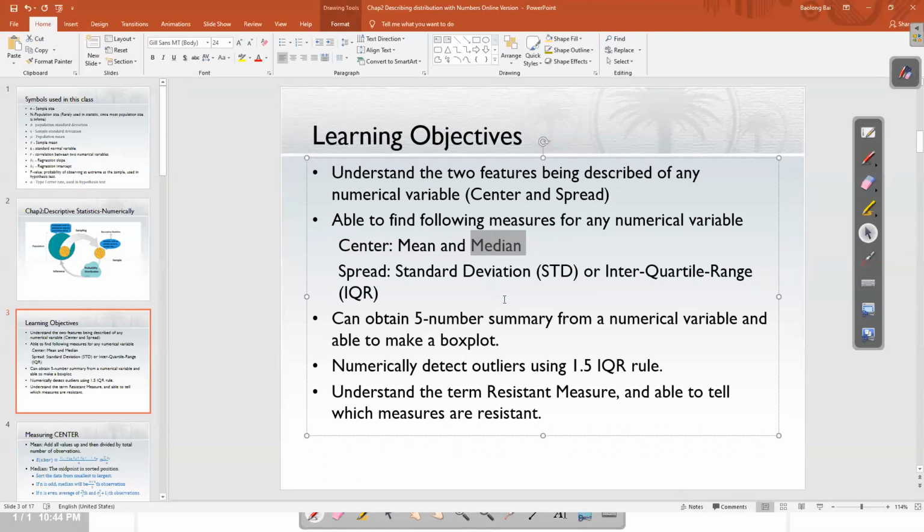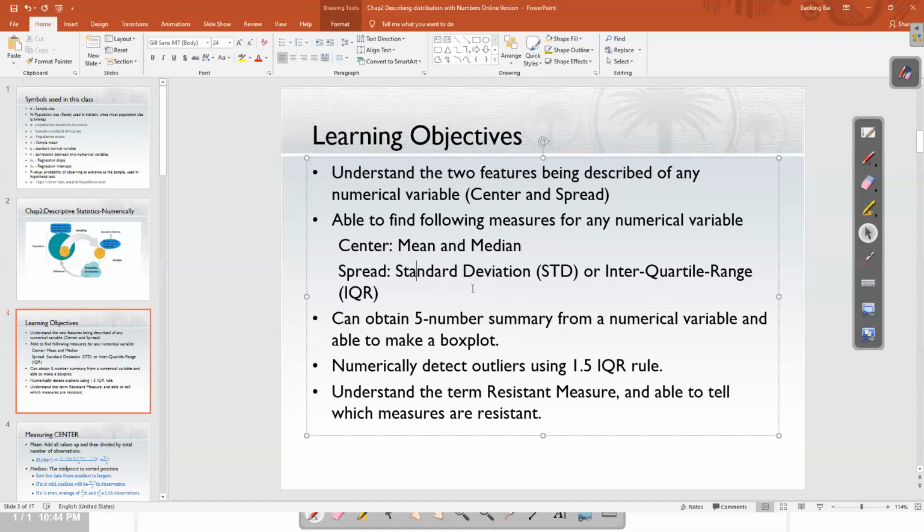If you have 10 numbers, then add them all up and divide by 10. That will be the average of the 10 whatever, right? And the median is a different way to find the center. So rather than taking averages, it looks for the middle located number. So one number appears right in the middle, that's median.